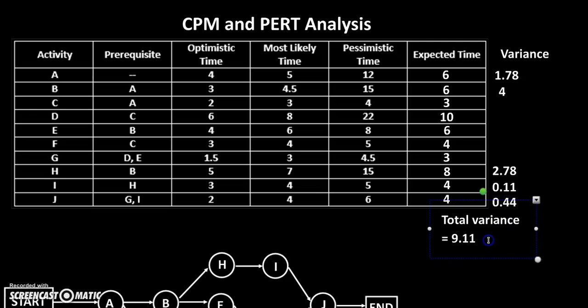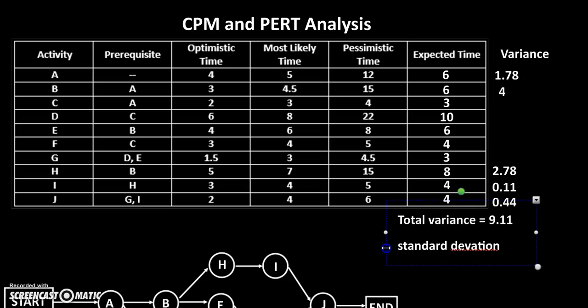If you remember how we get the standard deviation from the variance, the variance is sigma squared, and the symbol for standard deviation was just sigma, so we take the square root of the variance to get our standard deviation, and if we do that, we end up with 3.02.